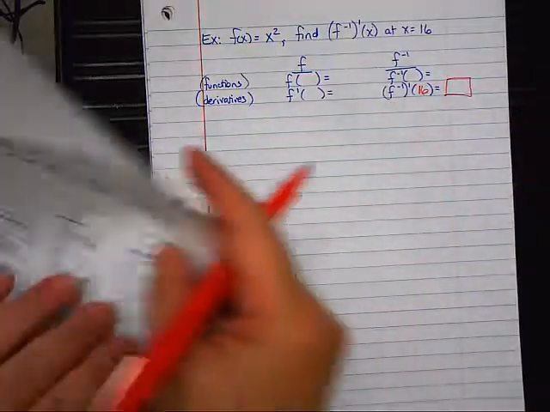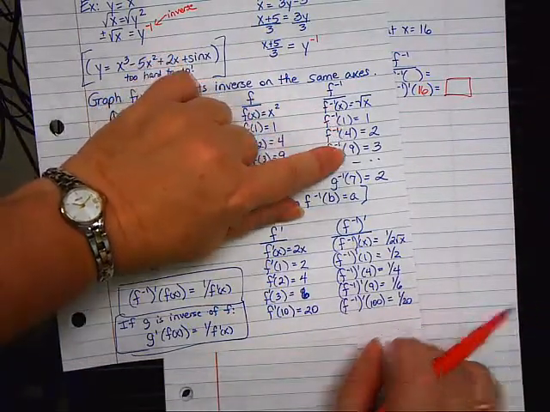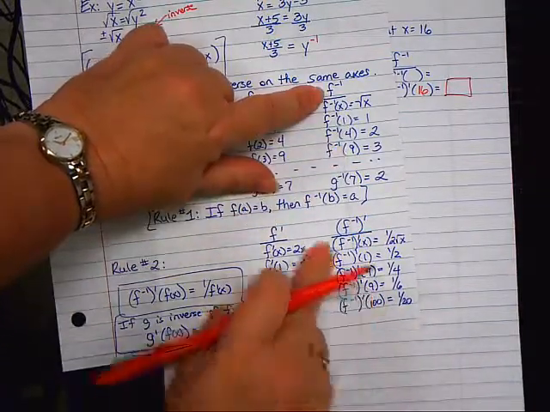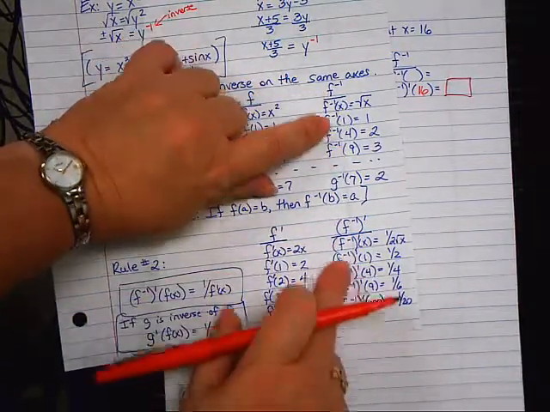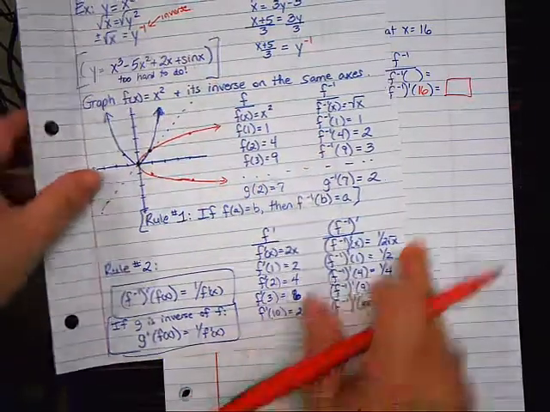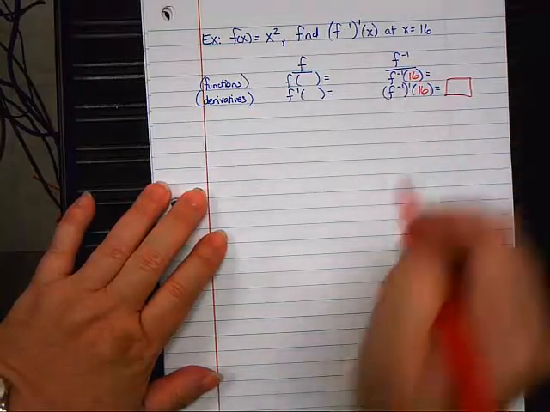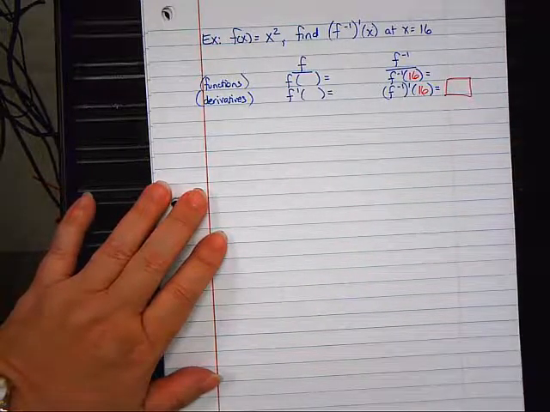Go back to here. Were these x values the same as these x values? Yes. So the inverse and the derivative have the same x values. Do you agree with me? So if this is an x value here, it's also an x value there. So you just move it up a parentheses.